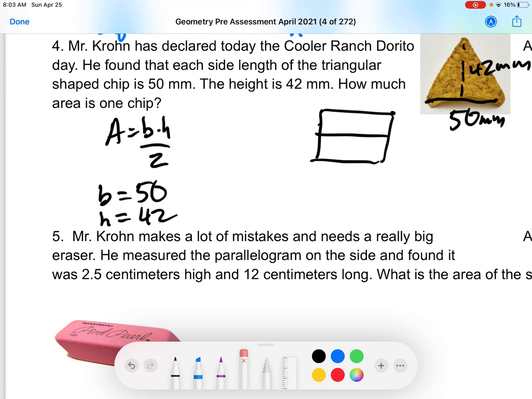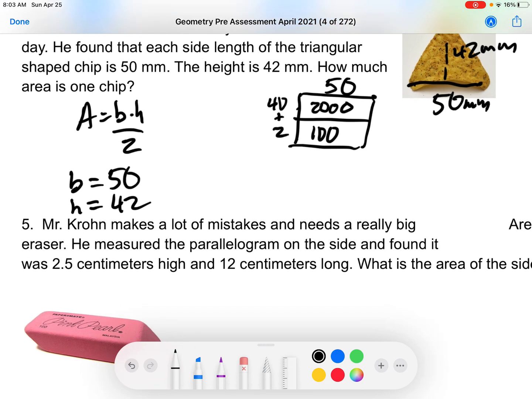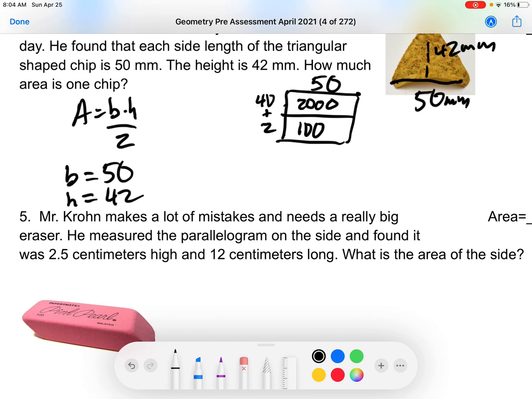The top will be 50, and then I'll do that as 40 and 2. 5 times 4 is 20 with 2 zeros added on to that, and 5 times 2 is 10 with a 0 added on to that. So that is 2,100. So area equals 50 times 42, which I kind of did already, right?